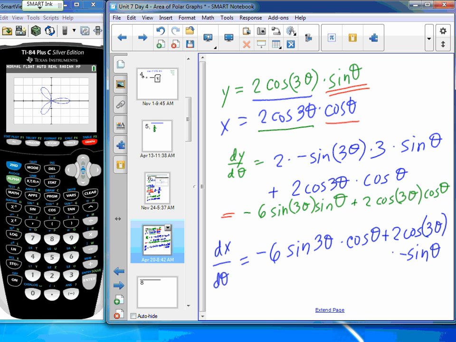So let's see, dx d theta, the derivative of the first, 2 opposite sine of 3 theta times 3 is negative 6 sine of 3 theta, times the second as is, plus the first times the derivative of the second. Everything's okay. So one more time, this is negative 6 sine 3 theta cosine theta minus 2 cosine 3 theta sine theta.